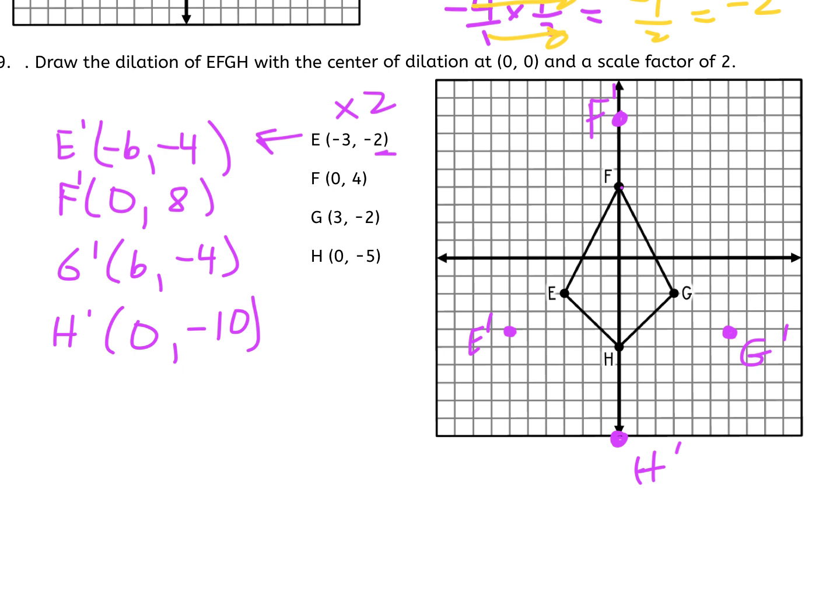And then your final step, make sure everything is labeled and neatly connect. It should be the same shape, but a larger size.